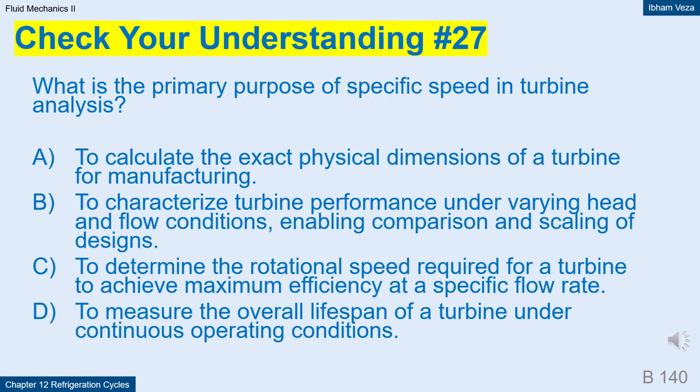Option C. While rotational speed may be considered in specific speed calculations, its primary purpose is to evaluate and compare performance, not to directly determine rotational speed. Option D. Specific speed does not measure a turbine's lifespan. It focuses on performance metrics for design and comparison.